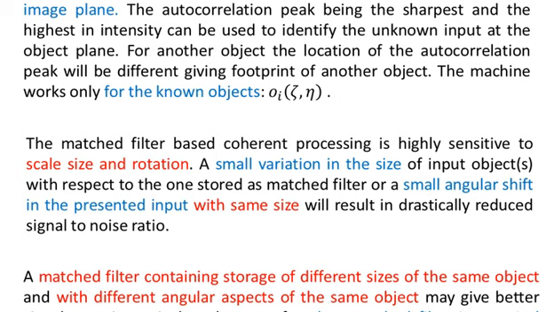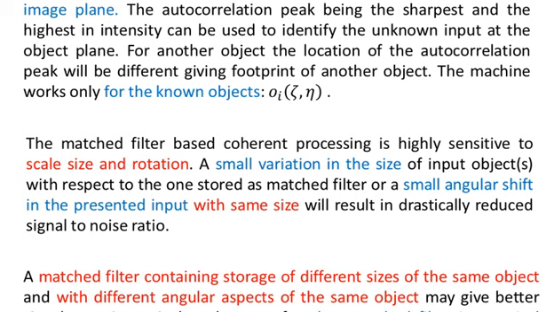The matched filter based coherent processor is highly sensitive to scale, size and rotation. A small variation in the size of the input object with respect to the one stored as the matched filter, or a small angular shift in the presented input with the same size, will result in a drastically reduced signal to noise ratio.